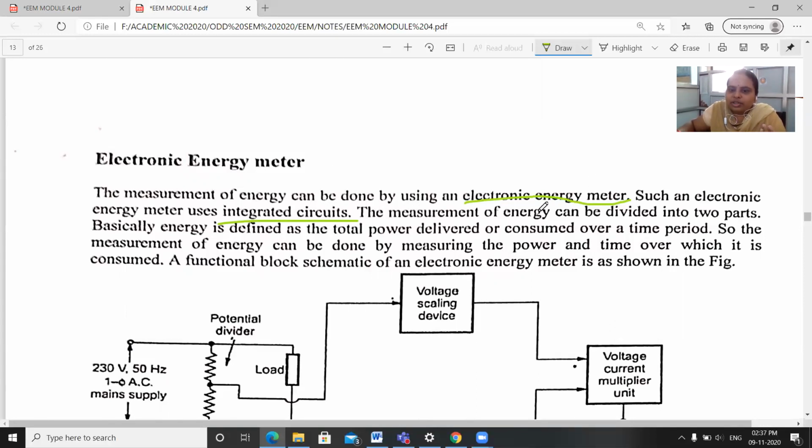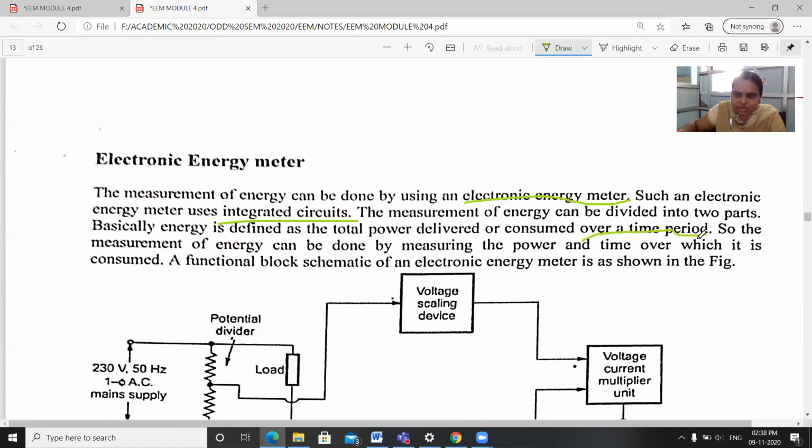Then the measurement of energy can be divided into two parts. Why is it divided into two parts? We came to know that the energy definition is nothing but power consumed within a certain time interval, right? Basically, energy is defined as the total power delivered or consumed over a time period.